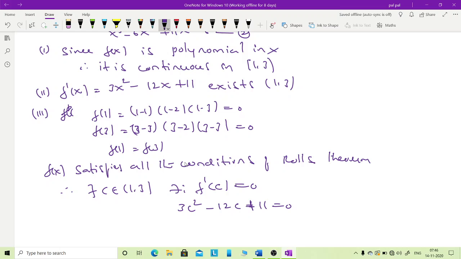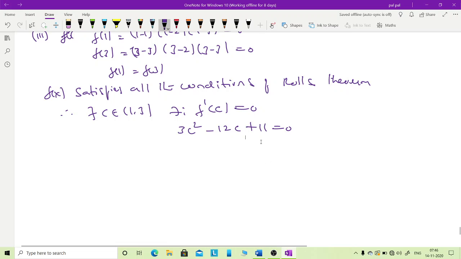3c square minus 12c plus 11 is equal to 0. It is not possible to factorize this. 11 3s are 33, we can't split this middle term.